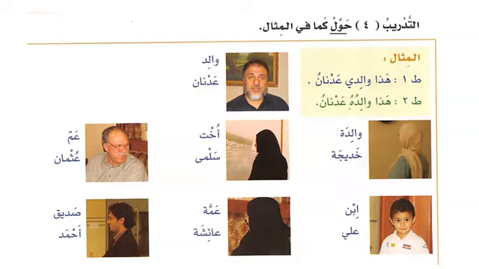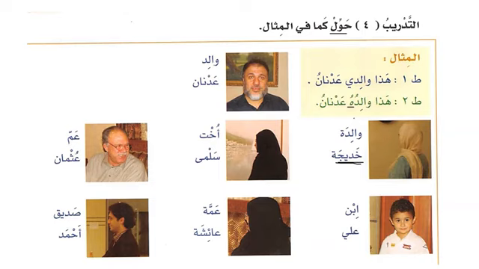Now here, the attached pronoun that we have learned already: hu is used to talk about someone, the singular masculine third person, and here we use it as an attached pronoun. And similarly, walidatun, and you can say هذه والدة خديجة. And then for Khadija, you will say هذه والدتها خديجة.